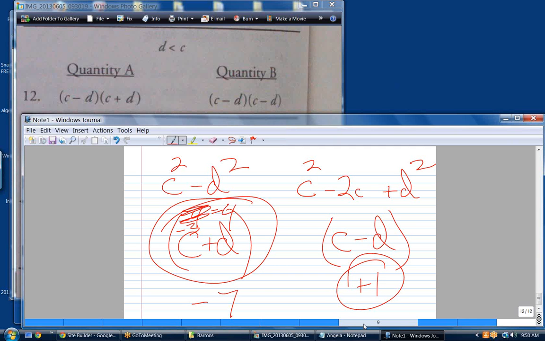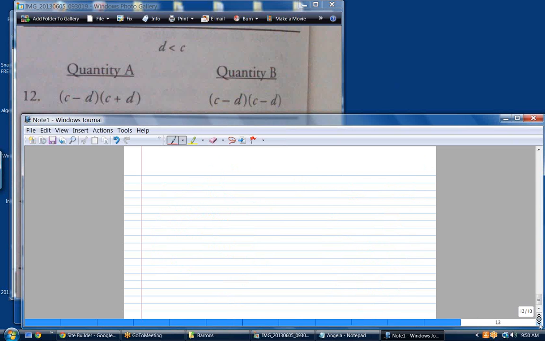Now, oh wow, I didn't take the next obvious step, which was to say that if I compare c plus d to c minus d, we will just cancel the c's also.